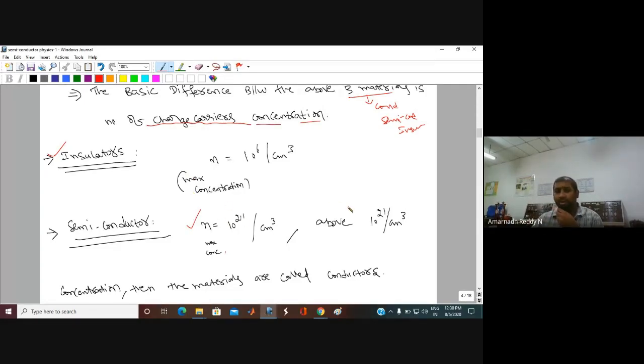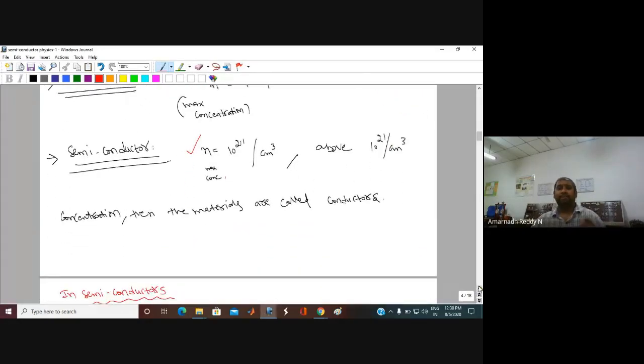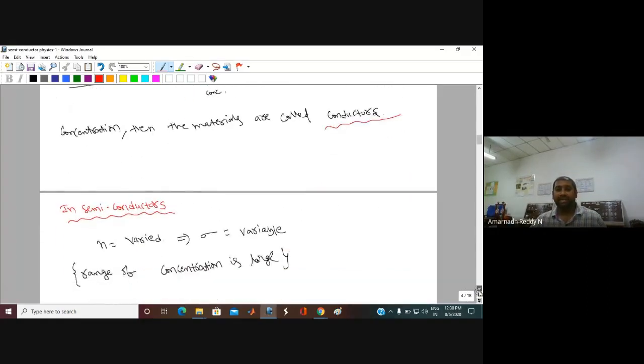Anything above 10 power 21 per centimeter cube is a pure conductor, because electrons are very rich in that material. Those materials we call conductors.